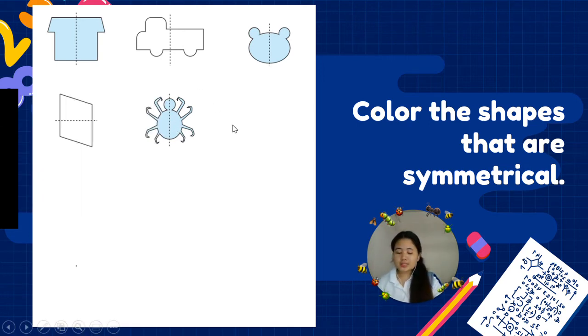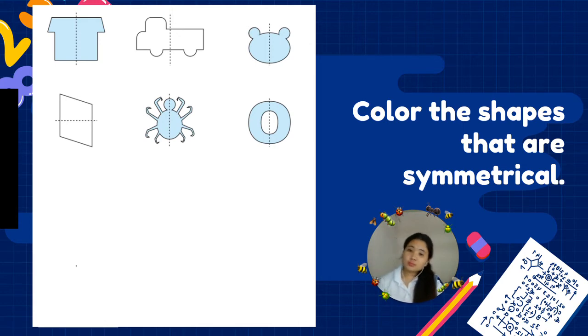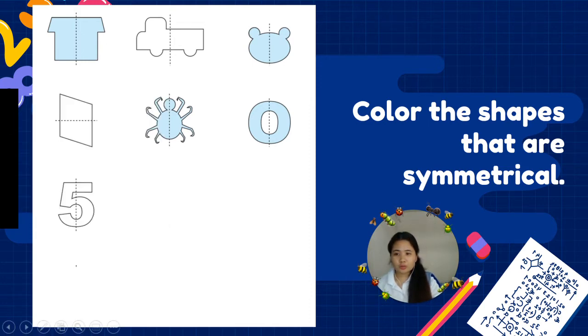Next one, that is a zero. Do we have to color the zero? Yes, it's the same. See, you cut that, it's still the same. So you have to color. Okay, let's go here. Number 5. Do we have to color number 5? No, because the cut here is here, right? This one doesn't have identical parts.